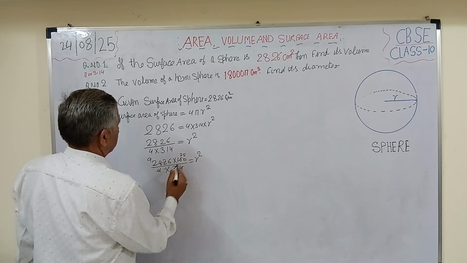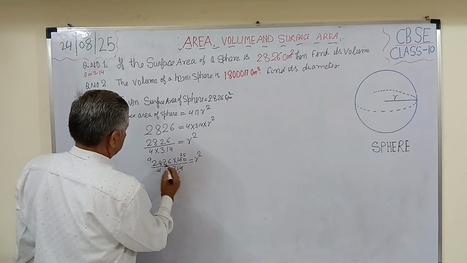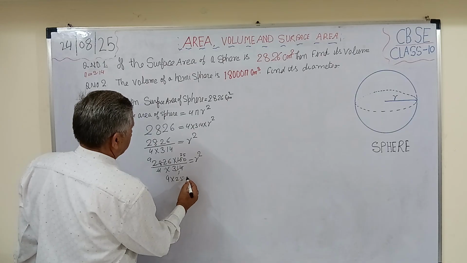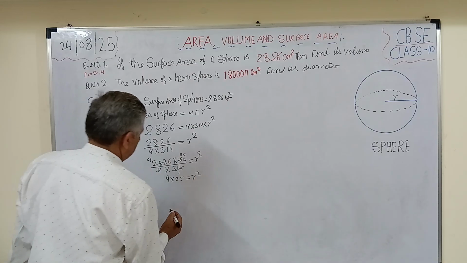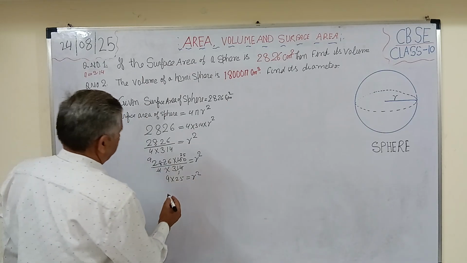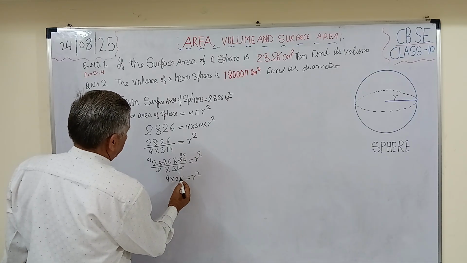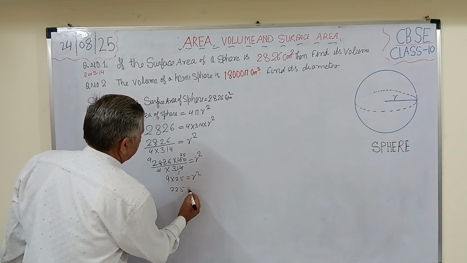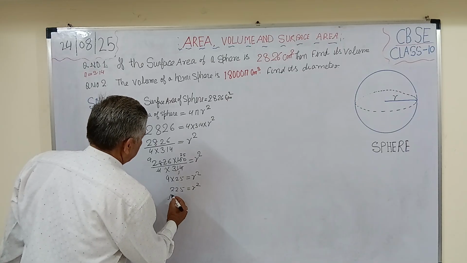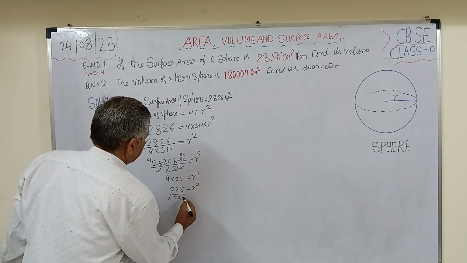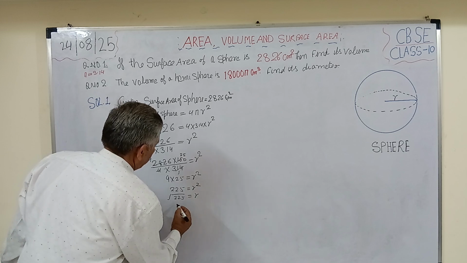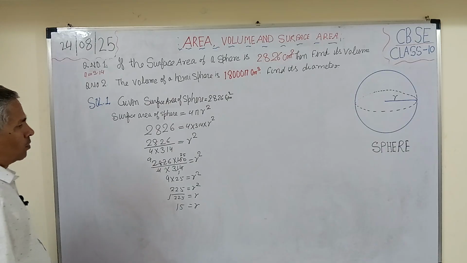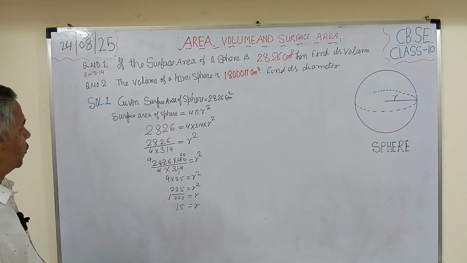That means we will get 9 into 25 equals r square, so 225 equals r square. Therefore root 225 equals r, so 15. The radius we have got is 15.